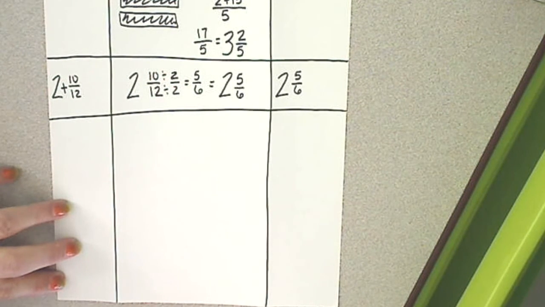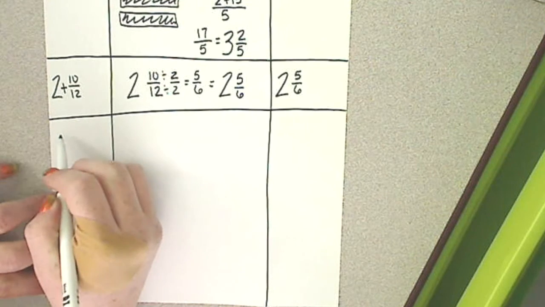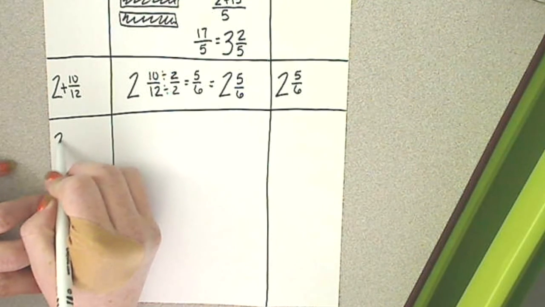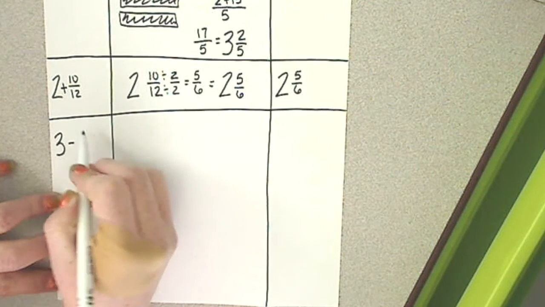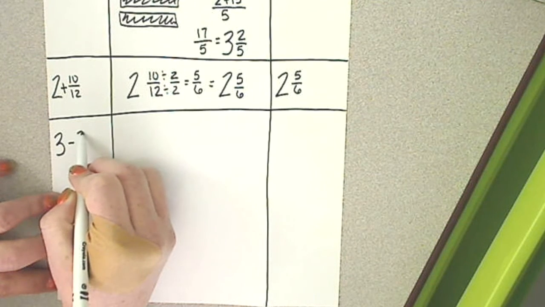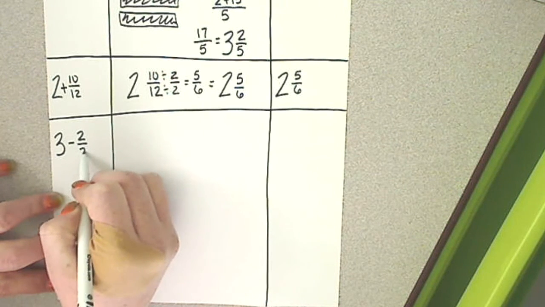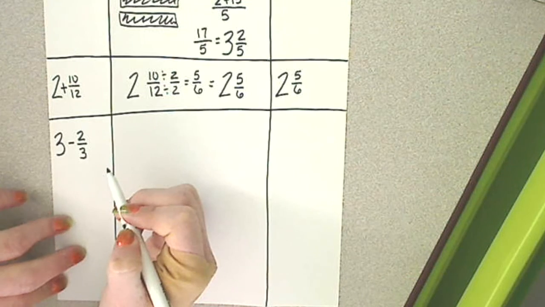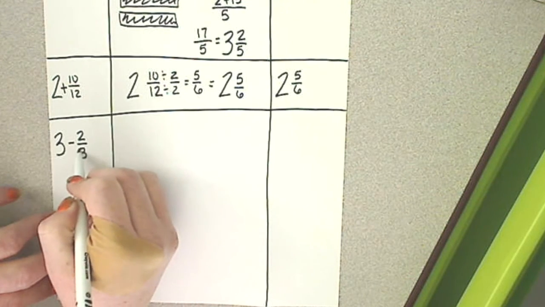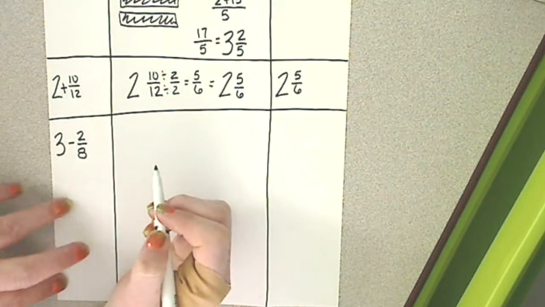It's going to be your minuend, because your subtrahend has to be smaller than your minuend. So in this case, I'm going to start with 3 minus 2/3. Actually, I'm sorry, I meant to put 2/8. 3 minus 2/8.